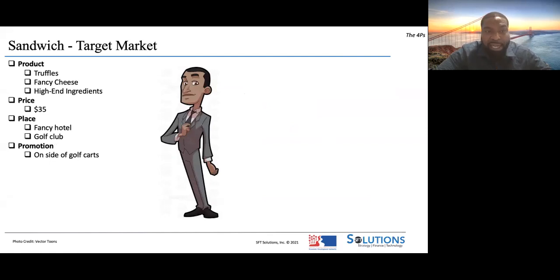I would probably put an ad on the side of a golf cart because after you play a few rounds, you're probably hungry. And I would probably try to sell at a much higher price point, right? I would offer that sandwich for $35. So even though we're selling sandwiches, right? The first client was different than the second client. And a lot of what we're going to talk about today is knowing exactly who your client is and what their interests are.